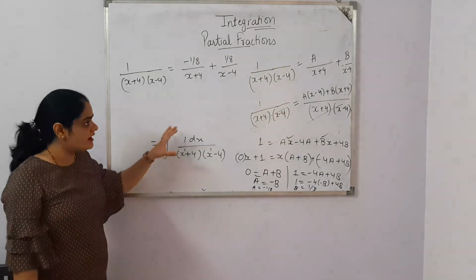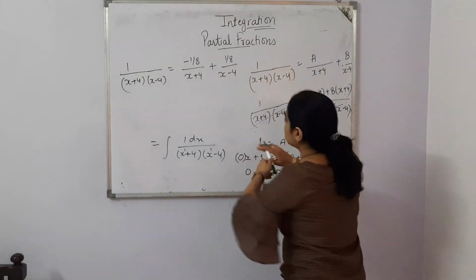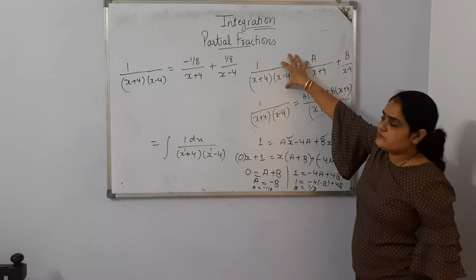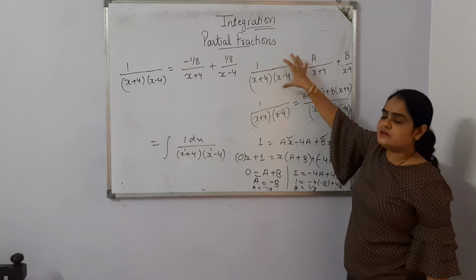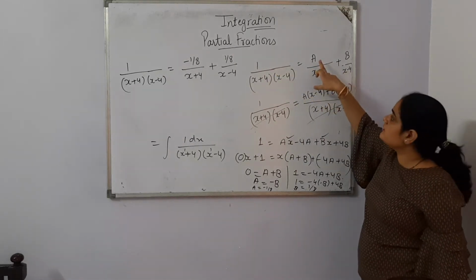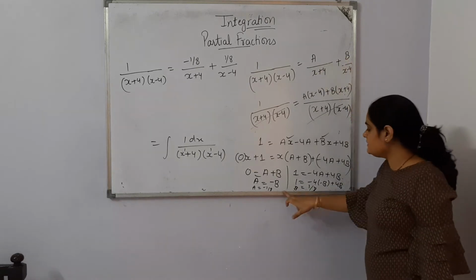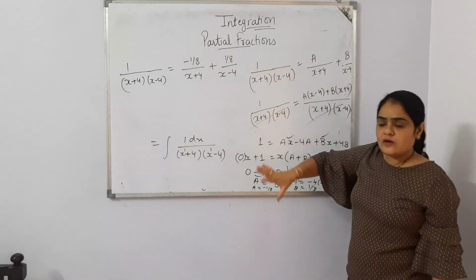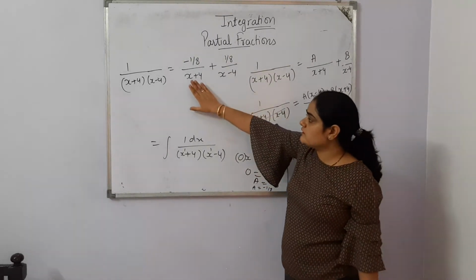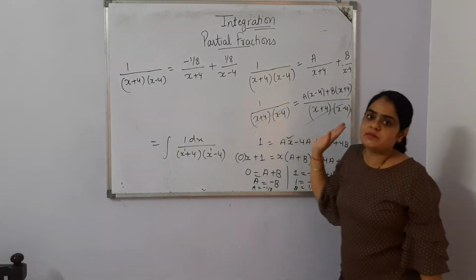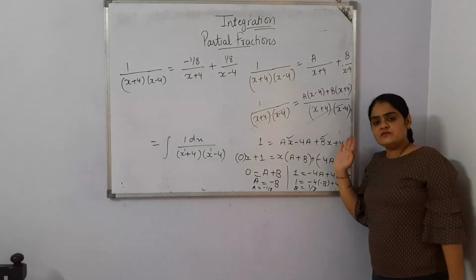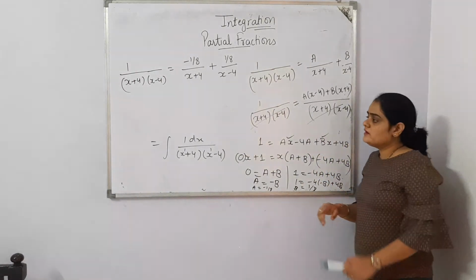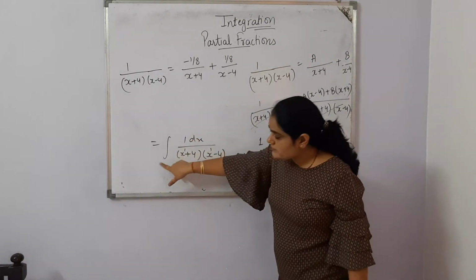We took the function, we segregated it, and we found the values of a and b. Now we substituted the values of a and b. Now the question is in terms of constant as well as one variable x, the given function's variable and constant. Now we need to find its integral.